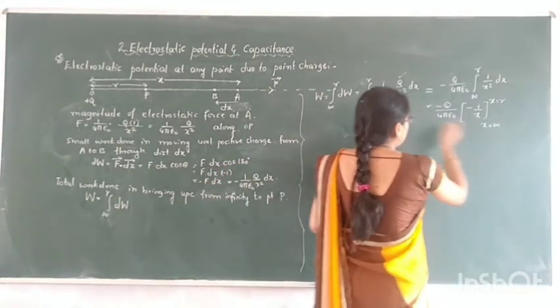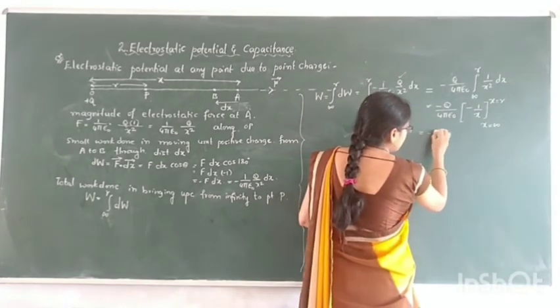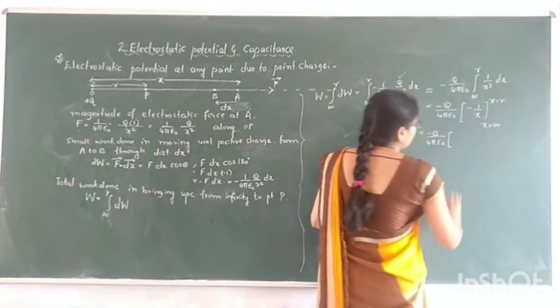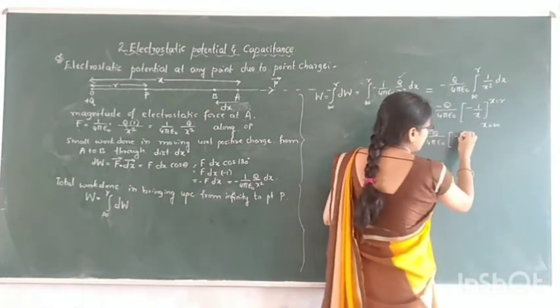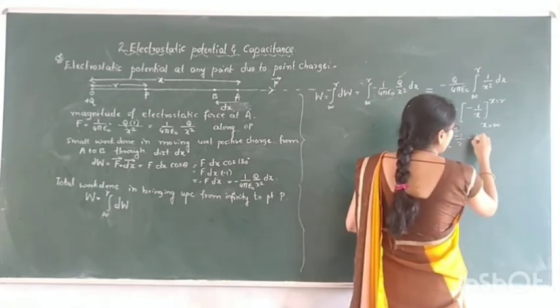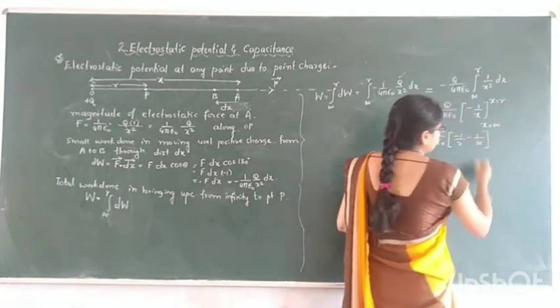Now substitute the limits: 1 by 4 pi epsilon naught into upper limit value minus 1 by r minus 1 by infinity.